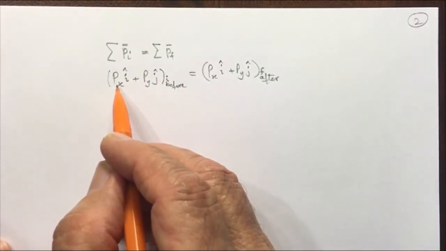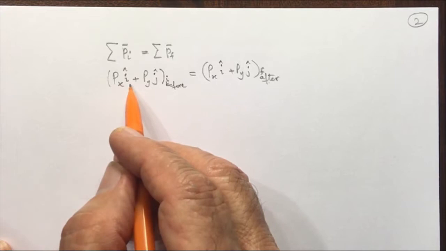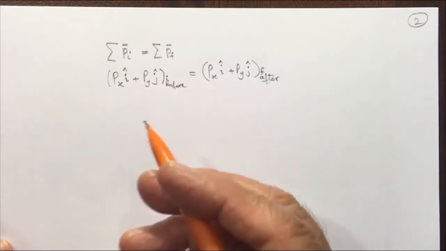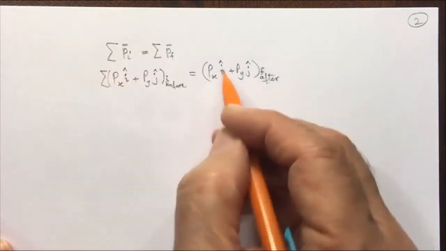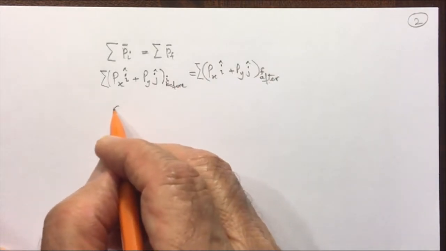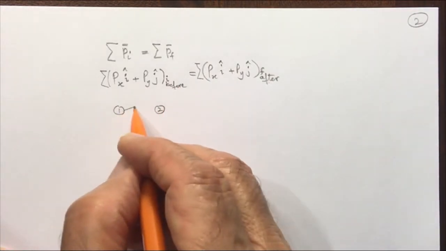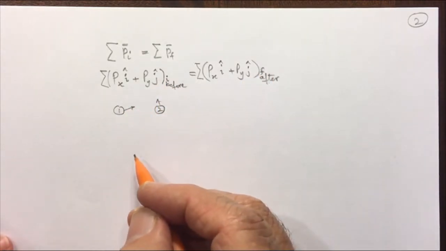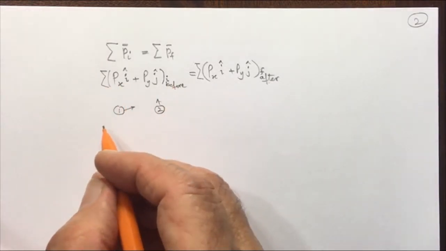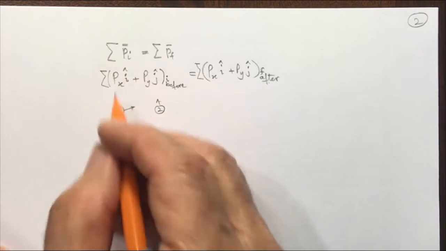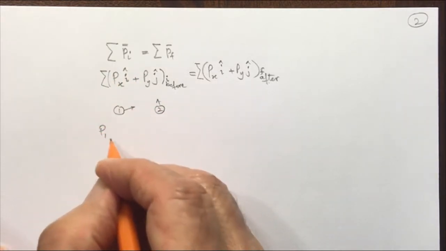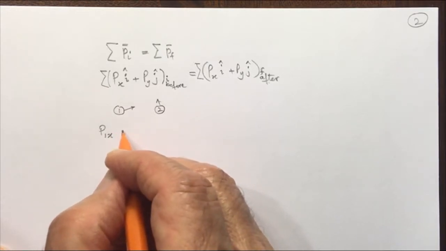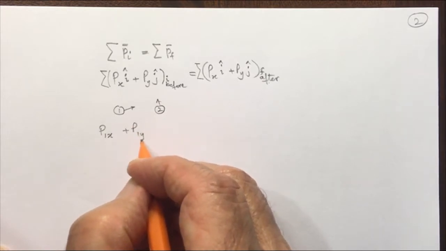Now, if we have two particles, well, there was a summation sign here. Let's suppose there are two particles, 1 and 2, and this is moving with some initial velocity, and this is moving with some velocity, and they collide, and they have some final velocities. So we write this out more explicitly, and we would write the sum of the momenta as p of particle 1 in the x direction and p of particle 1 in the y direction.